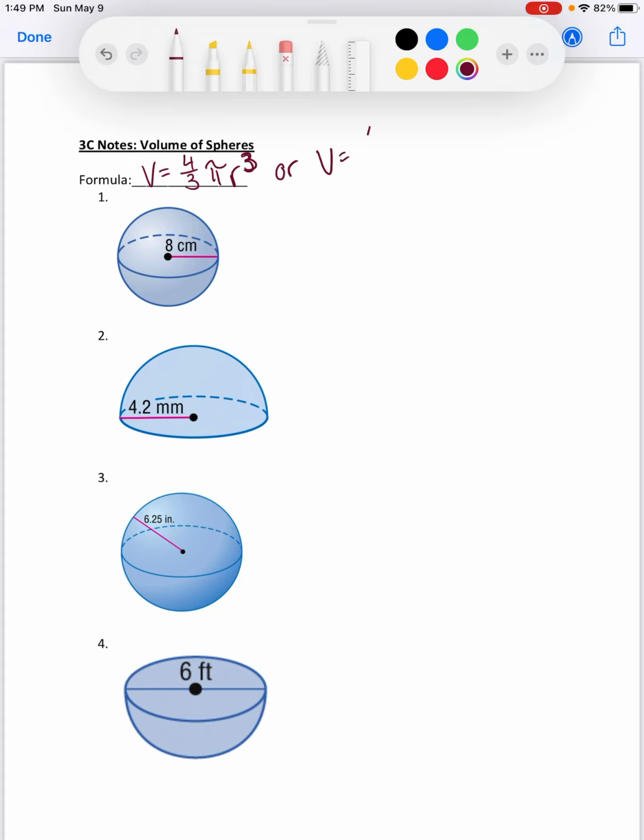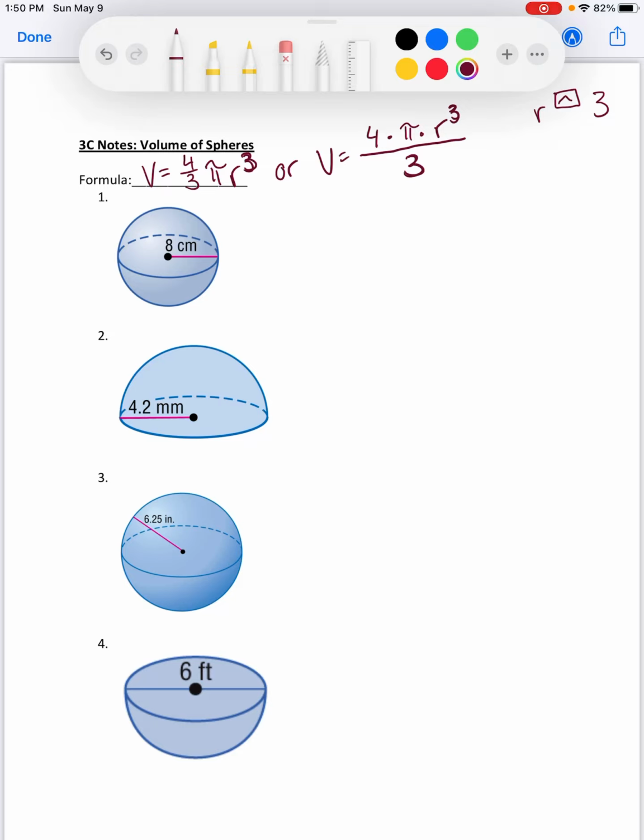So volume equals 4 times pi times radius cubed, which, remember, you'll type in your radius, then the little caret button, then the 3, and then you'll divide all of that by 3 at the very end. So 4 times pi times radius to the third power, or radius cubed, divided by 3. Okay, so that is our formula for volume of spheres.